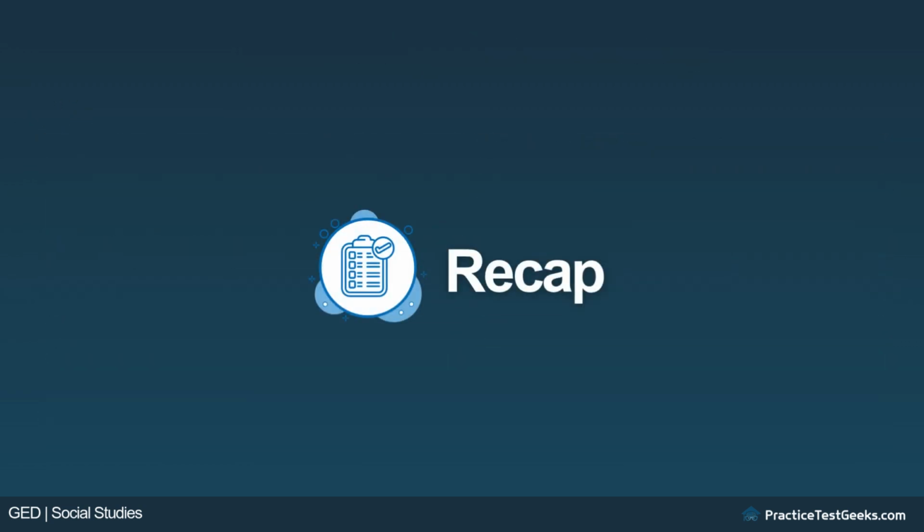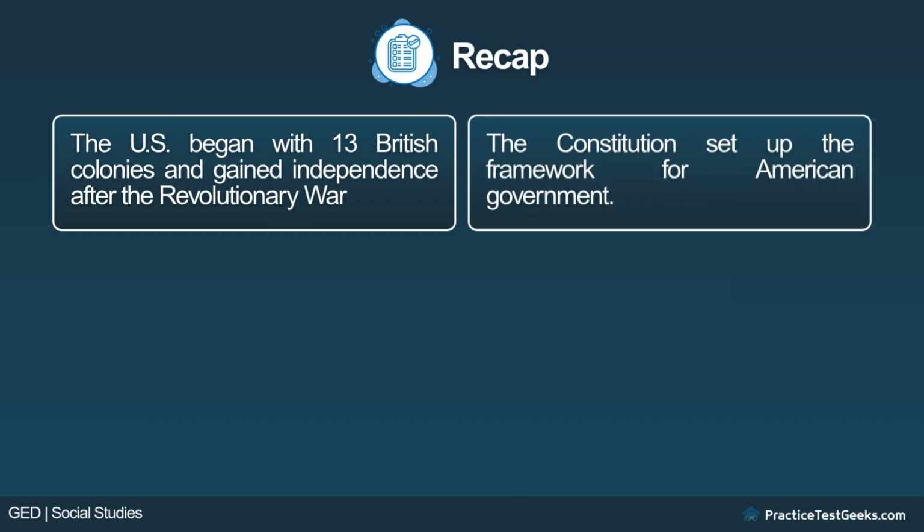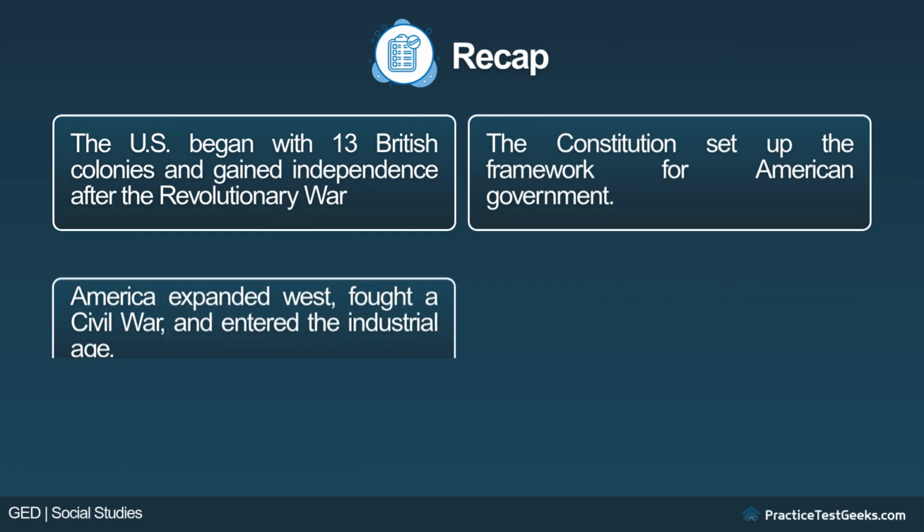Let's take a quick moment to review the most important points you've learned in this U.S. history lesson. The U.S. began with 13 British colonies and gained independence after the Revolutionary War. The Constitution set up the framework for American government.